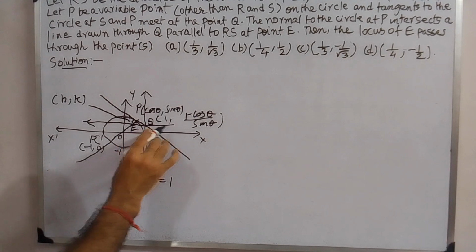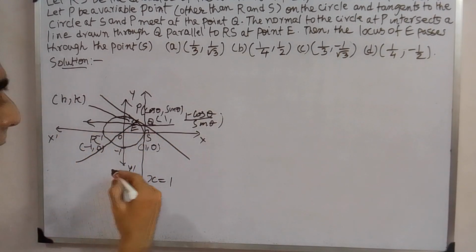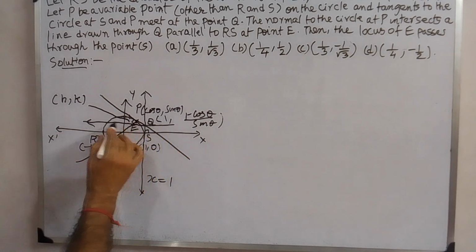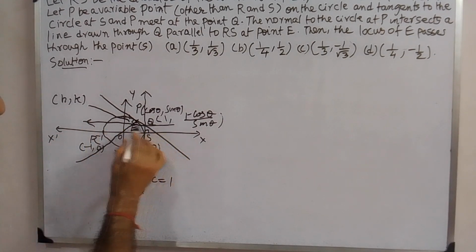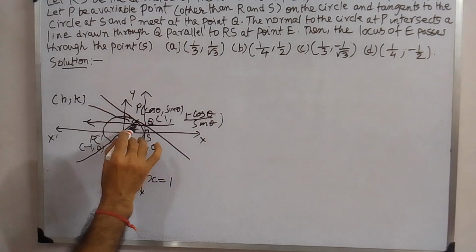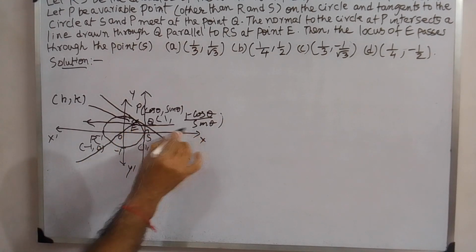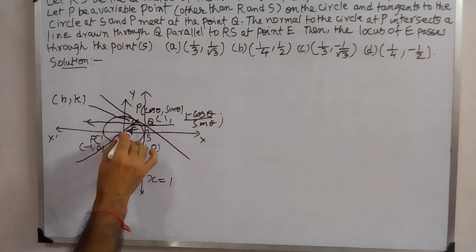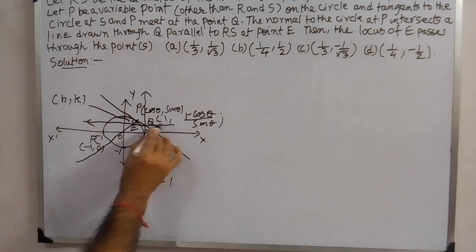So what is the equation? The y coordinate of every point on this line will always be the same. So what is the y coordinate of the point Q? That will be the y coordinate of every point on this line.